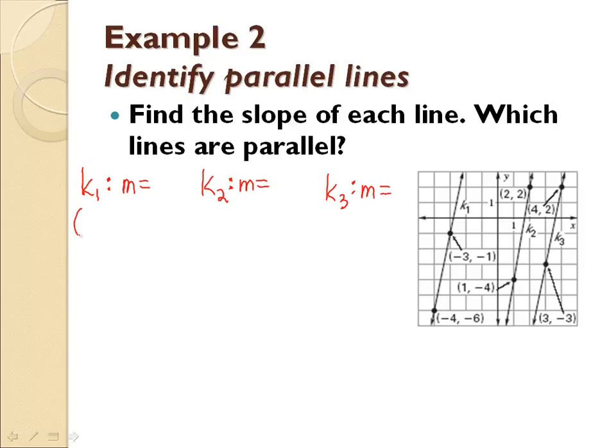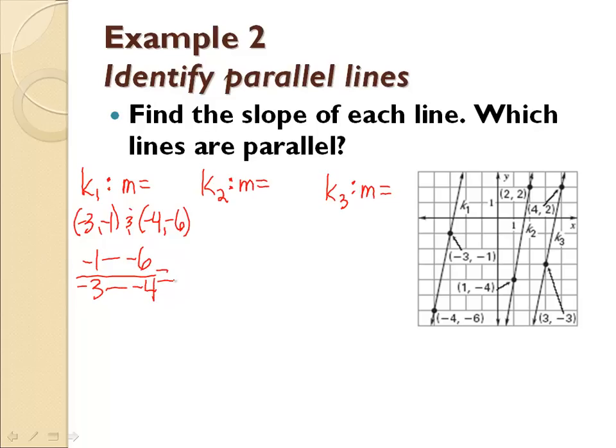So for K1, I'm going to use the points (-3, -1) and (-4, -6), because those are 2 points on line K1. I'm going to draw my fraction bar and my minus signs. I'm going to say my point, put X in the bottom and Y above it. So (-3, -1). My other point is (-4, -6).